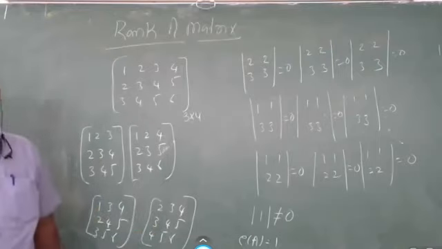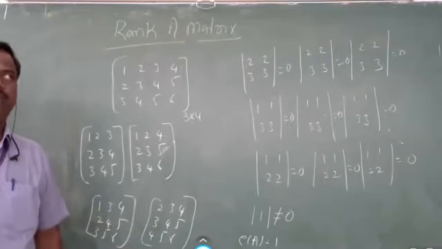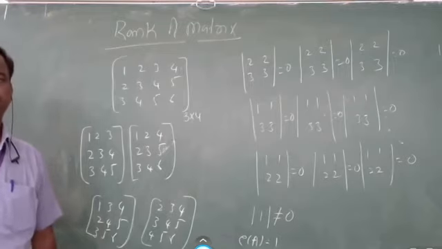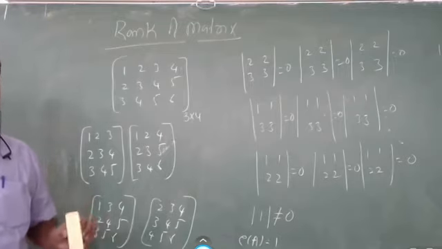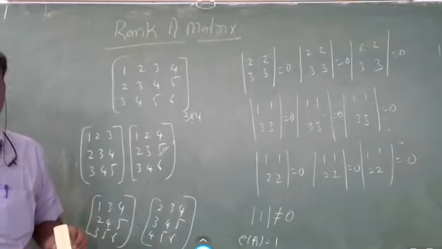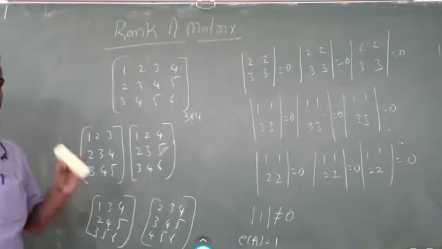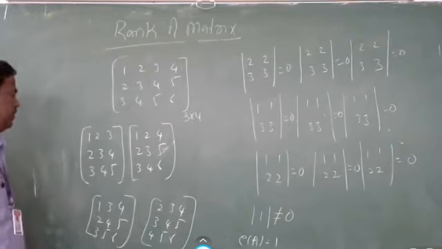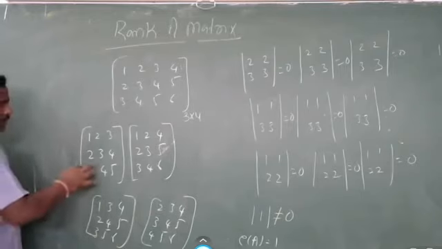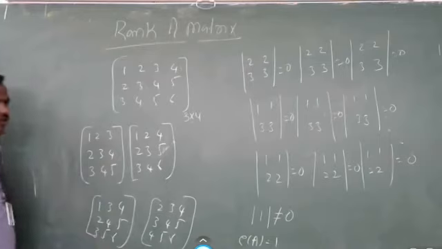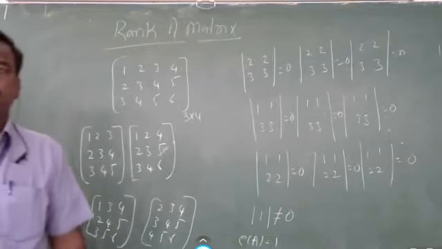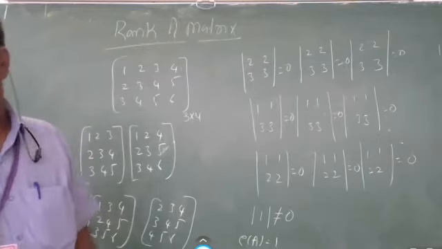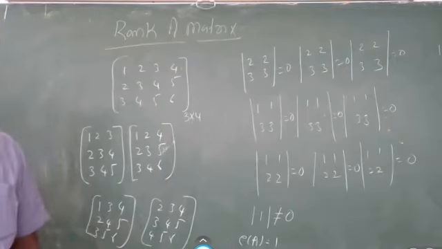You need to find until you get a non-zero. You need to find until you get a non-zero determinant in the matrix. So if the determinant value is non-zero, then you can stop. If at least one of these 4 is non-zero, then we say that the rank of the matrix is 3.